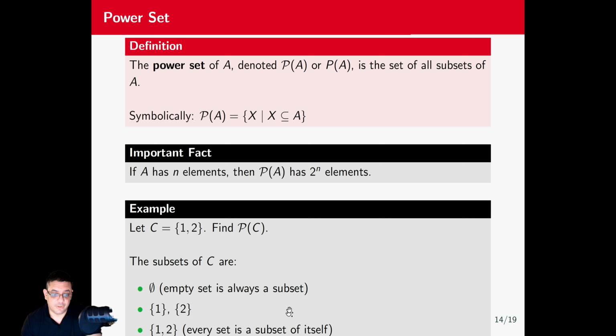So all of these are subsets of C, and this collection of 4 elements gives me the power set of C. Notice that because C has 2 elements, its power set needs to have 2 to the 2, so 4 elements.